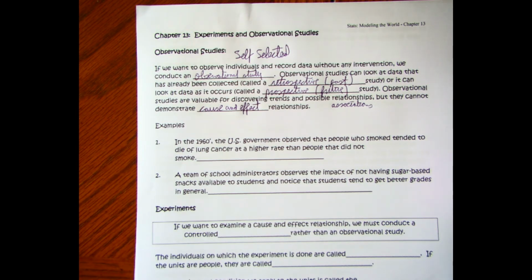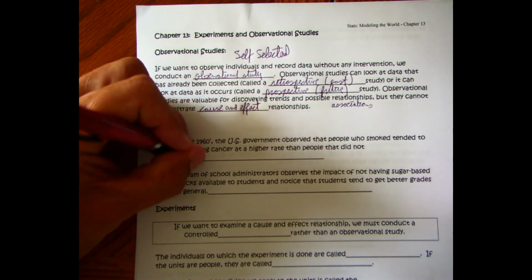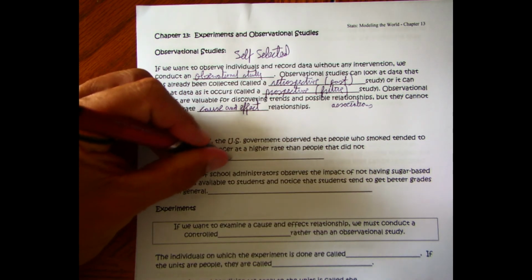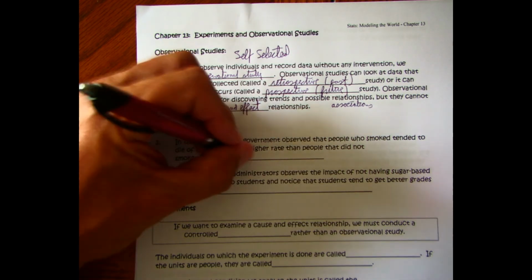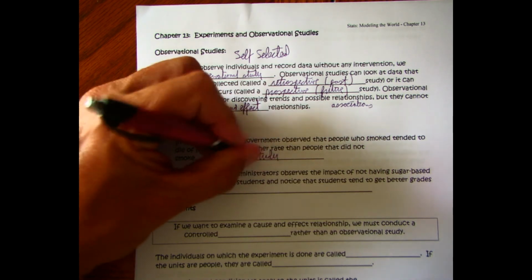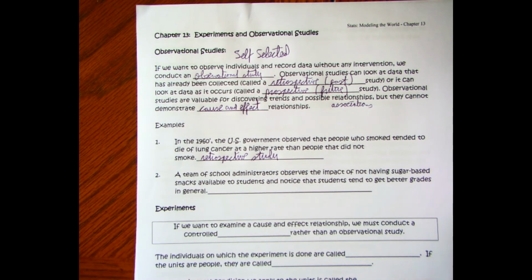Okay? So in the 1960s, the U.S. government observed that people who smoked tended to die of lung cancer at a higher rate than people that did not smoke. Okay, so that is a retrospective study. Then number 2, a team of school administrators observed the impact of not having sugar-based snacks available to students and noticed that students tend to get better grades.